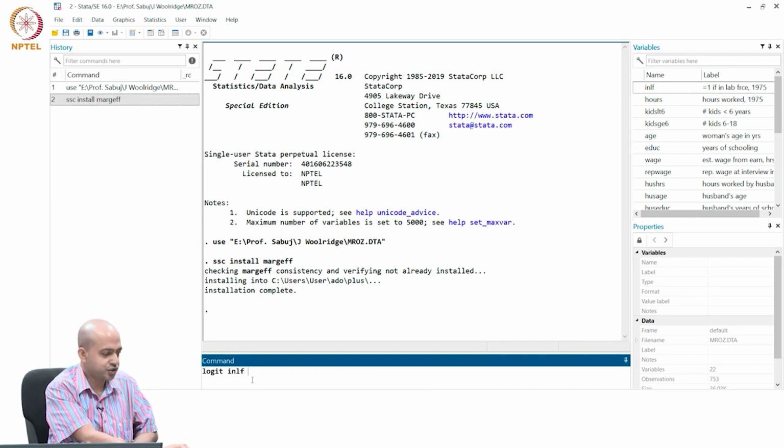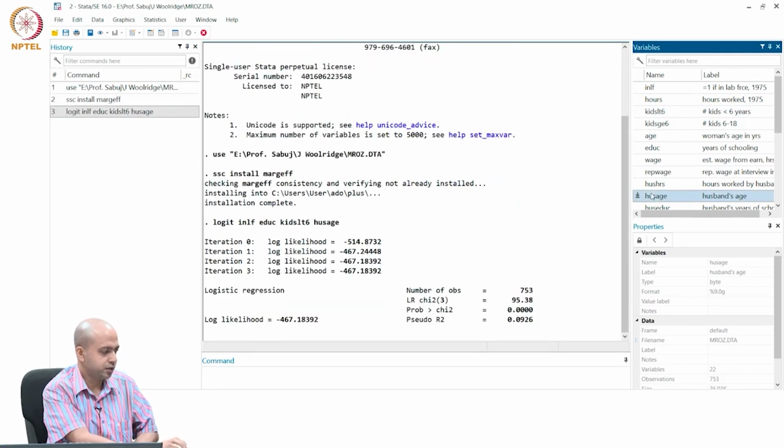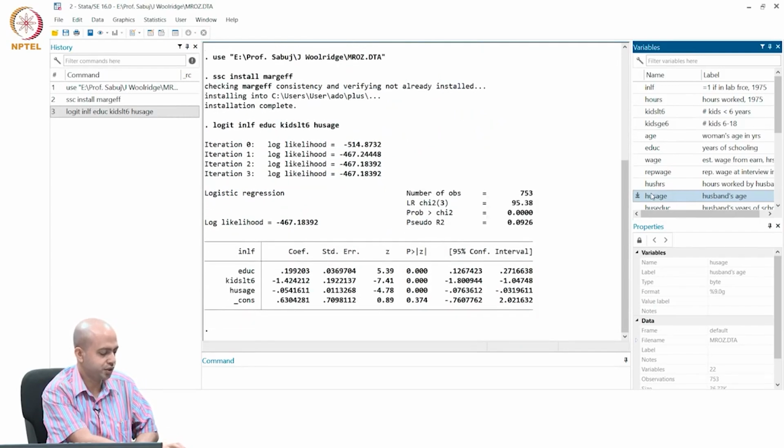Instead of typing the variable's name, you can directly double click on the variable's name and Stata will put it here: education, then kids LT6, and then husband's wage. If you press enter, this is the model you have estimated, and this is the result.